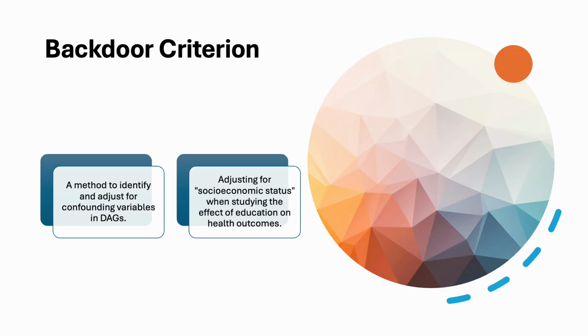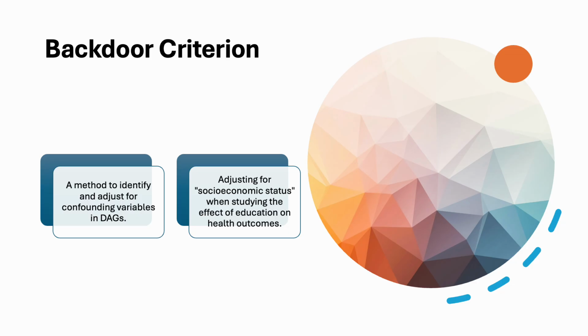The backdoor criterion is a rule that is used in DAGs to find and adjust for confounding variables. It helps us identify paths in the graph where the confounder might be sneaking in through the back door, influencing both the cause and effect. For example, if we are studying how education affects health, socioeconomic status might be a confounder because it influences both education and health.